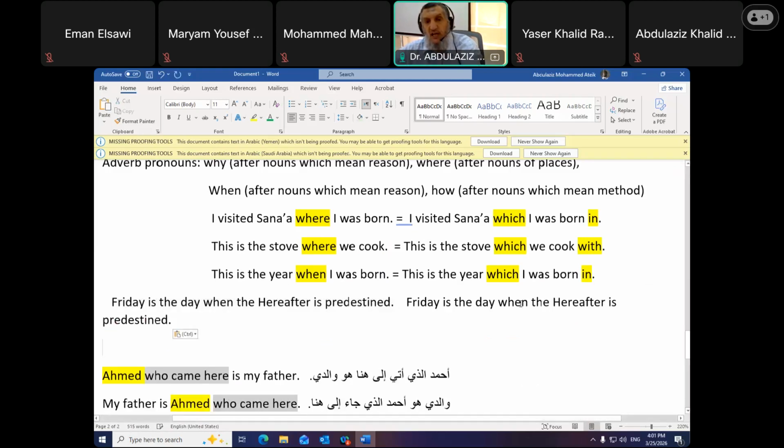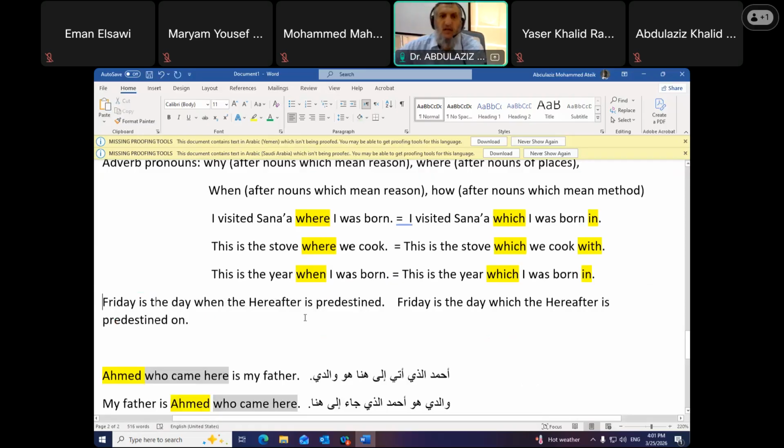Friday is the day which the hereafter is predestined on. It's a very long sentence. That's why I made this.